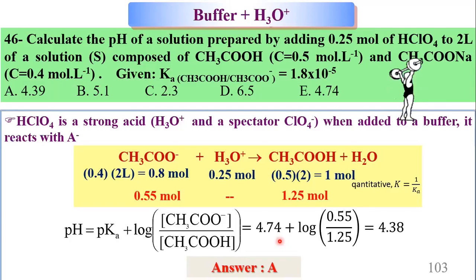But still, not too much of a variance. Though this is quite a bit, this is 0.25 mole of acid. What is the pH of the solution? The pH is 4.39, and the closest value is A, so the answer is A.